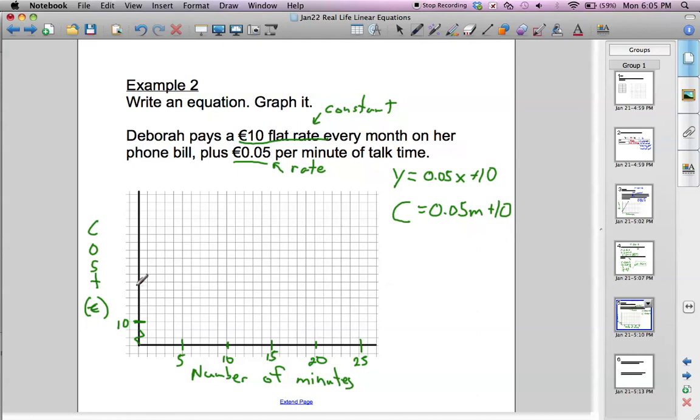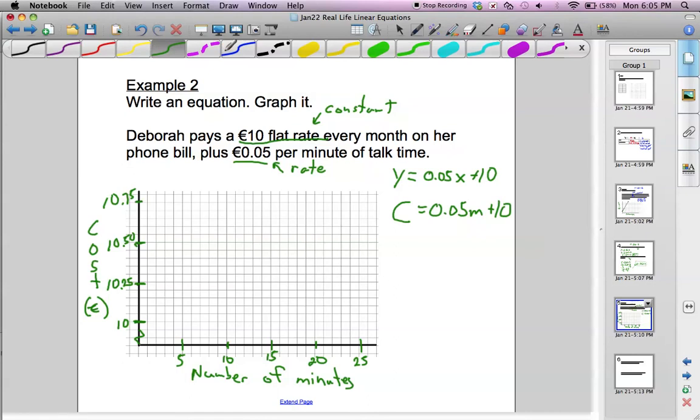So we go up 5, 1, 2, 3, 4, 5, and that's going to be 10.25. 1, 2, 3, 4, 5. That's going to be 10.50. 1, 2, 3, 4, 5. That's going to be 10.75. Okay, something like that.